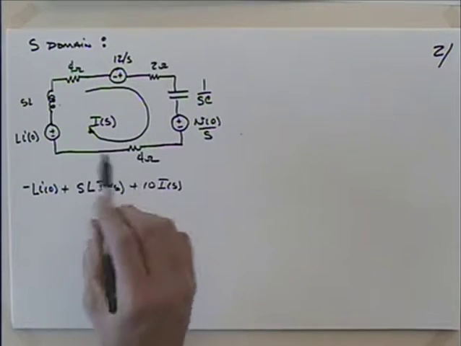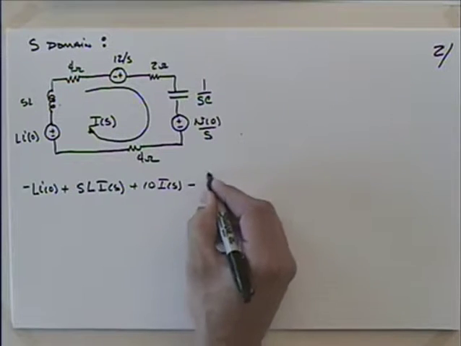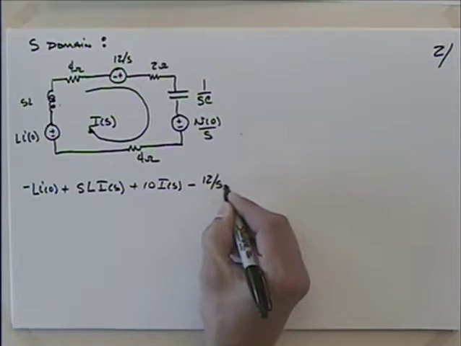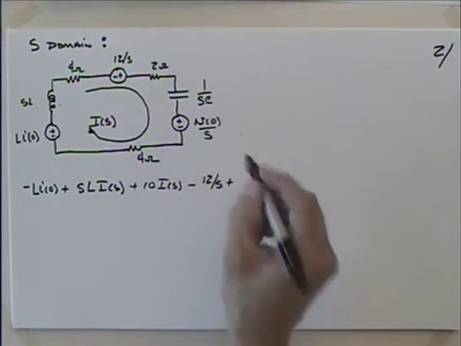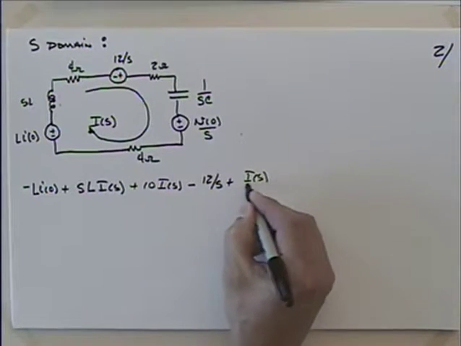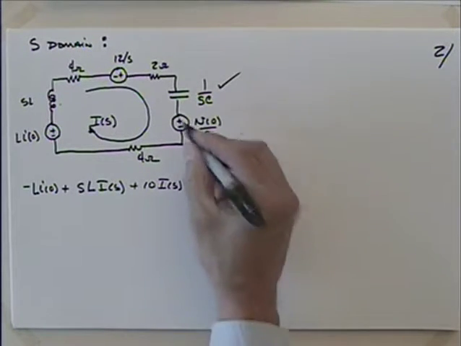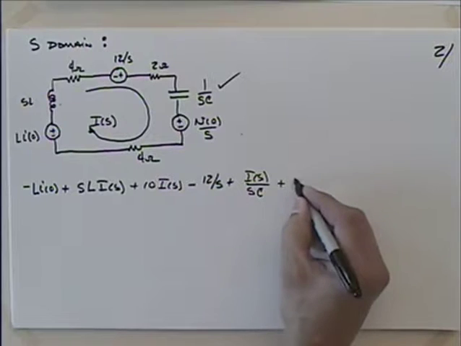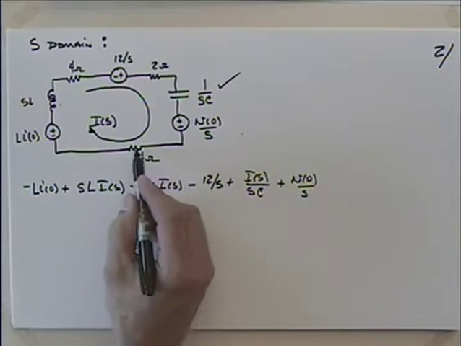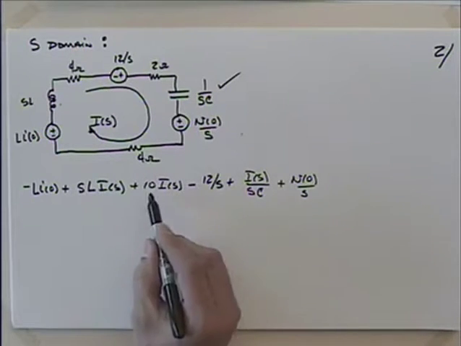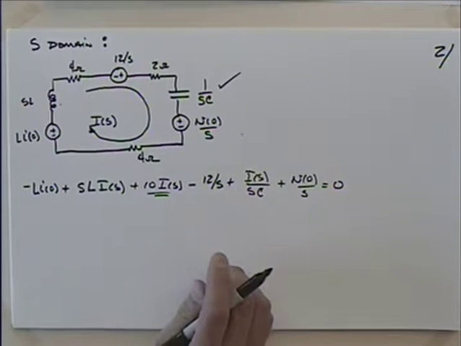That's all the resistors, 4 plus 4 plus 2. That's another gain, so I'll subtract off 12 over s. And then I have to add I of s divided by sC. That's also a drop, so V0 over s gets me back to my starting point because I've dealt with that resistor in this term here. So I can say that's equal to 0.